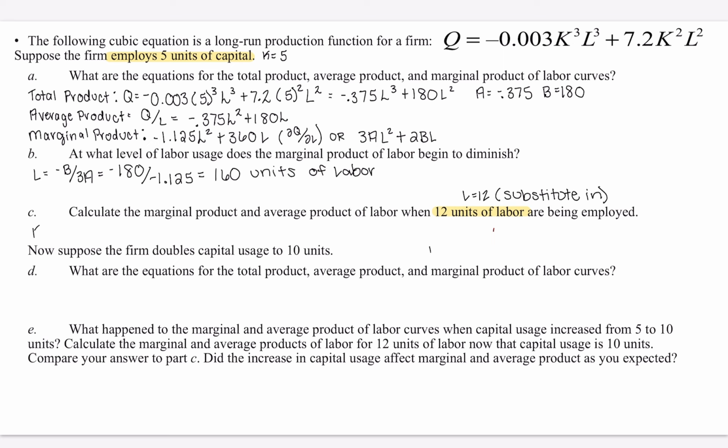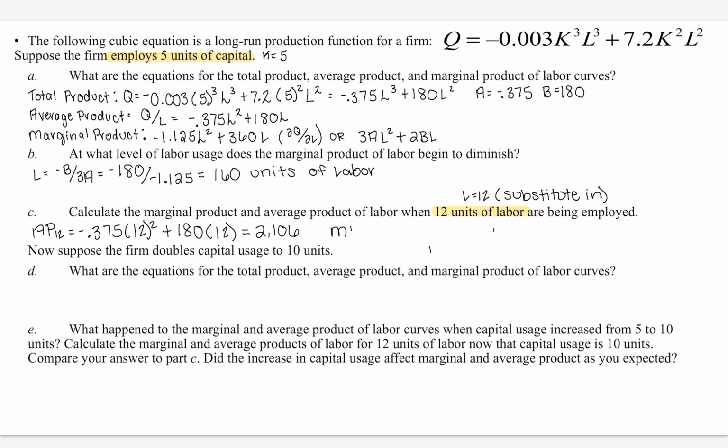So our average product is going to be negative 0.375 times 12 squared plus 180 times 12, which gives us 2,106.